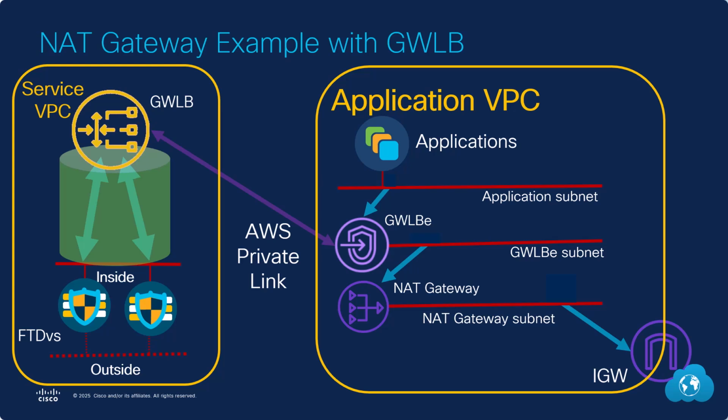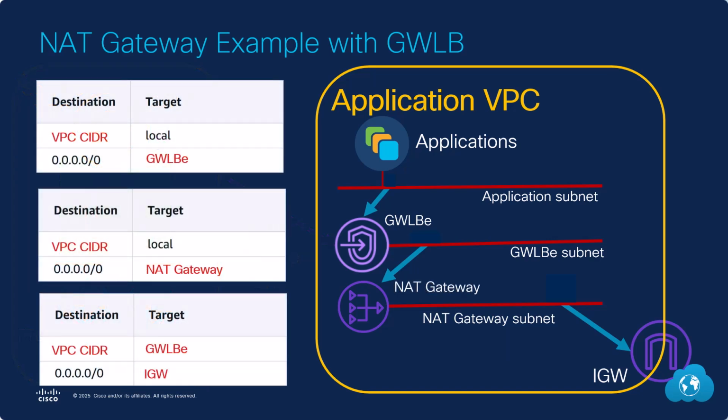Note that we need both a gateway load balancer endpoint subnet and NAT gateway subnet to handle the routing within the application VPC. Here we provide the route tables for the three subnets: the application subnet, the gateway load balancer endpoint subnet, and the NAT gateway subnet.